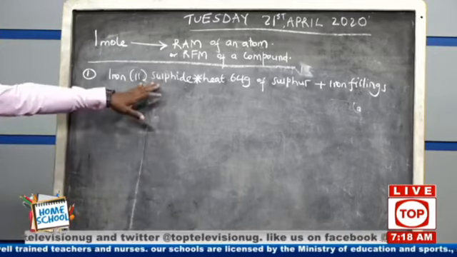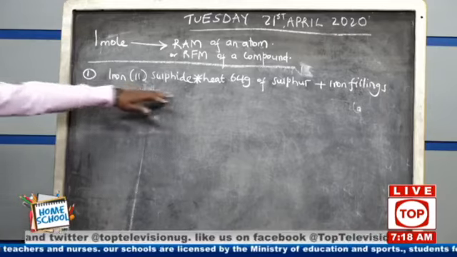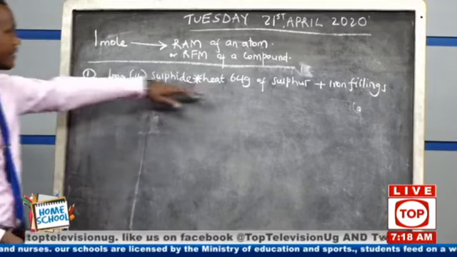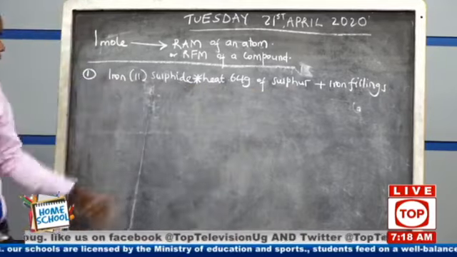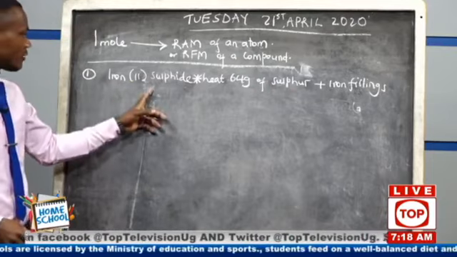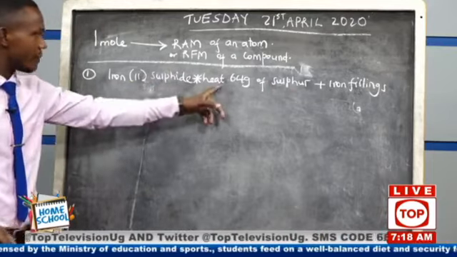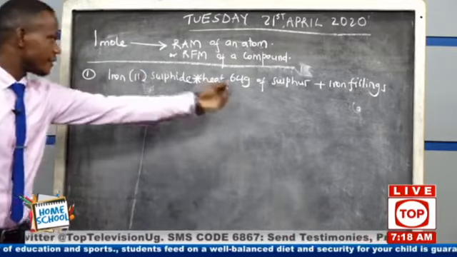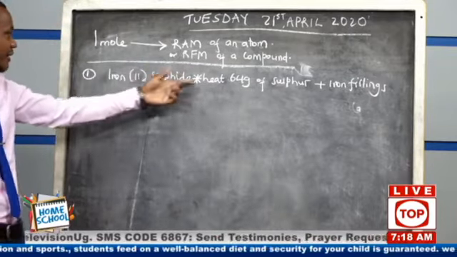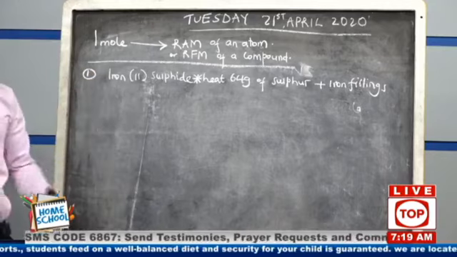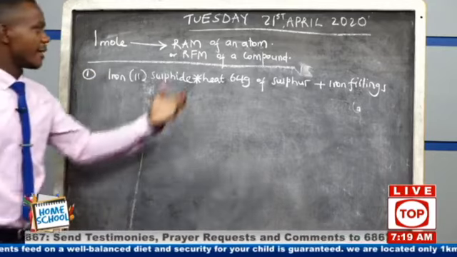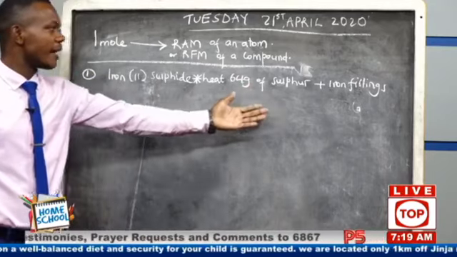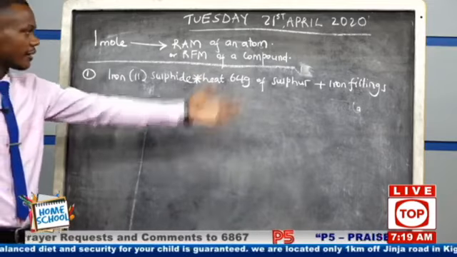So that is the question. And now once we write down this one, it will help us to write our equation. Remember, they are saying that iron 2 sulfide is formed by heating. When they say formed, meaning that this one is the product, because they are saying it is formed. Then by heating, that means the ones they are heating are the reactants.